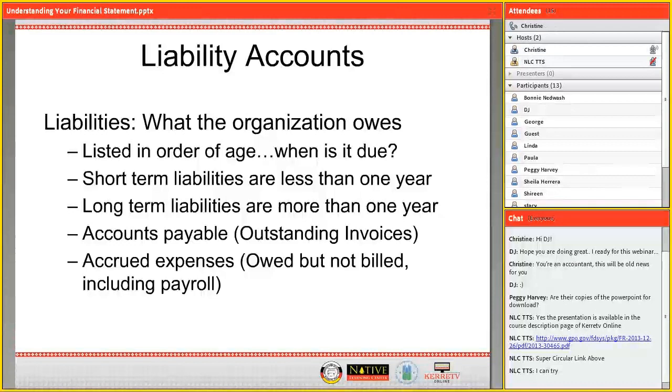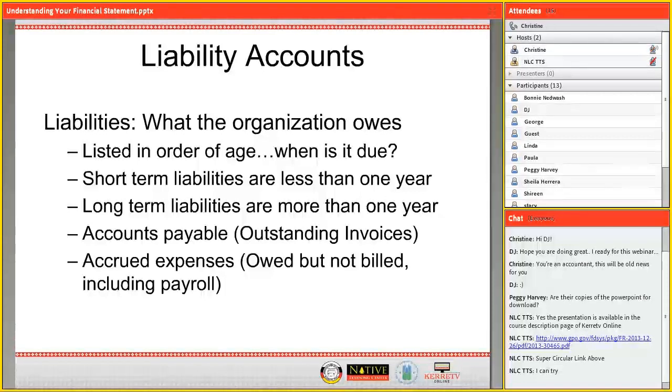Liabilities, what the organization owes, listed in order of age. When is it due? Short-term liabilities are less than 1 year. Long-term, generally more than 1 year. Accounts payable, any outstanding invoices you have.